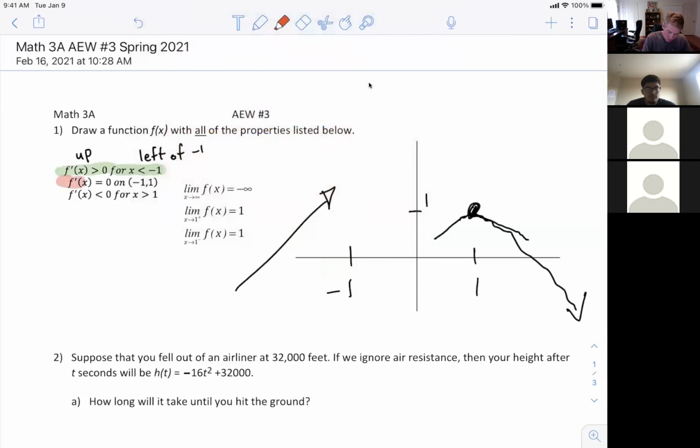And then this part is saying that the slope is equal to 0. So if the slope is equal to 0, that means it's a horizontal line. Well, now I need to piece it together. So it's going up, and then between -1 and +1, it's supposed to be a horizontal line.